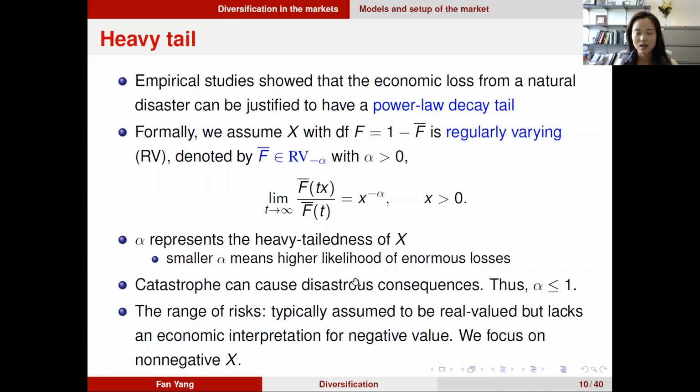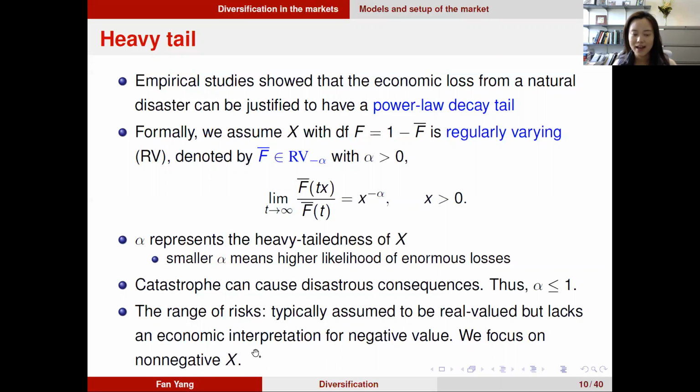Besides the heavy-tailedness of the risk, usually for catastrophe risks, people simply assume real-valued risks. But in a catastrophe risk setting, negative values actually lack economic interpretation, because there's really no profit from such a catastrophe event. So here we just focus on non-negative risks.